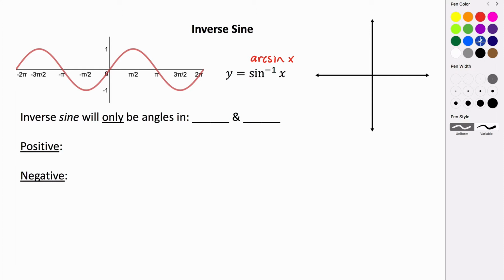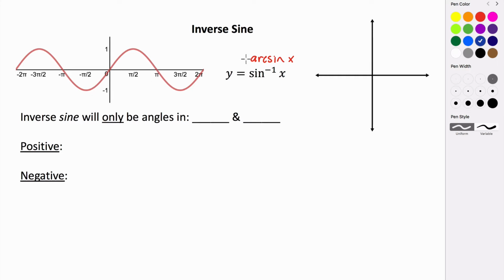Now, if we consider the sine function, so here's our sine function, graphing 2 cycles, we know that in order for an inverse to be a function, your original function must be 1 to 1. And clearly this is not 1 to 1 because it does not pass the horizontal line test, right? If we draw a horizontal line, it's going to intersect the same y value at more than one place.